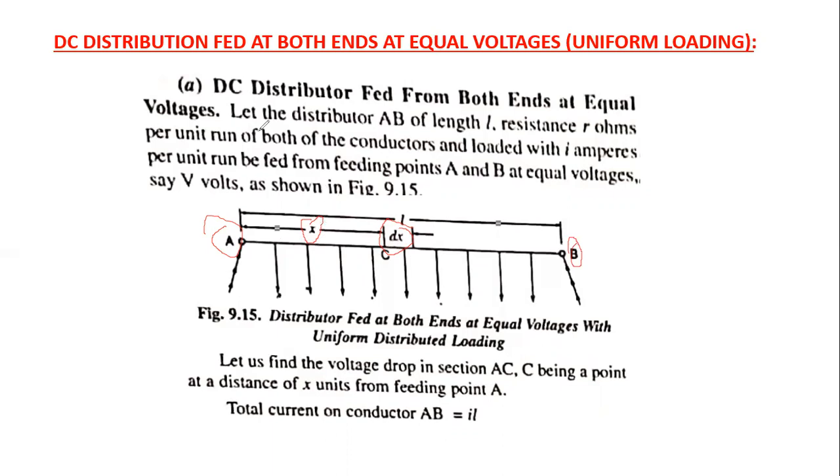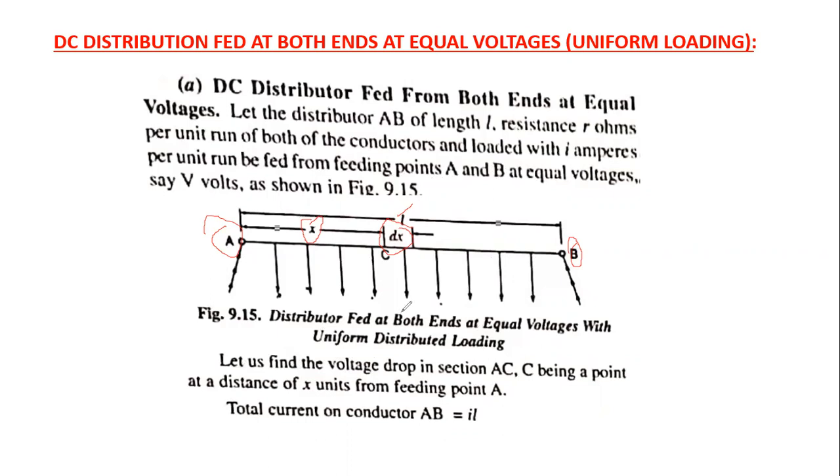Let the distributor AB be of length L meters, the resistance R ohms per unit run of both of the conductors, loaded with I amperes per unit run, fed from the feeding point A at equal voltages. These are shown in the figure.